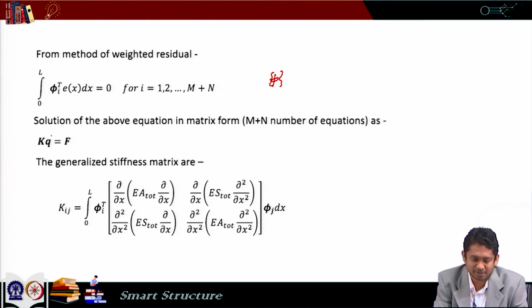So it will give me m plus n equations with m plus n unknowns, and that can be written in a matrix form as this.